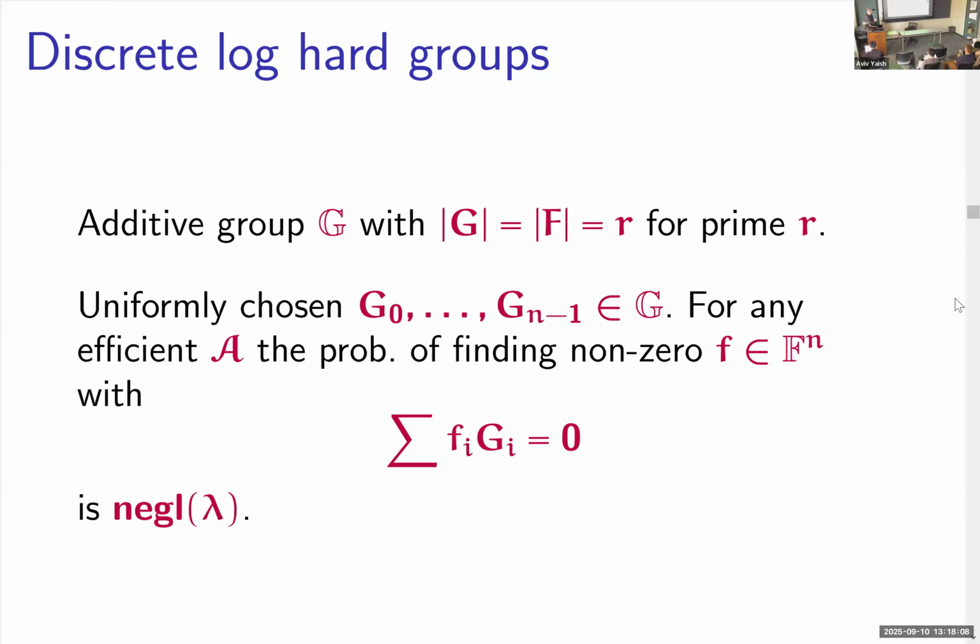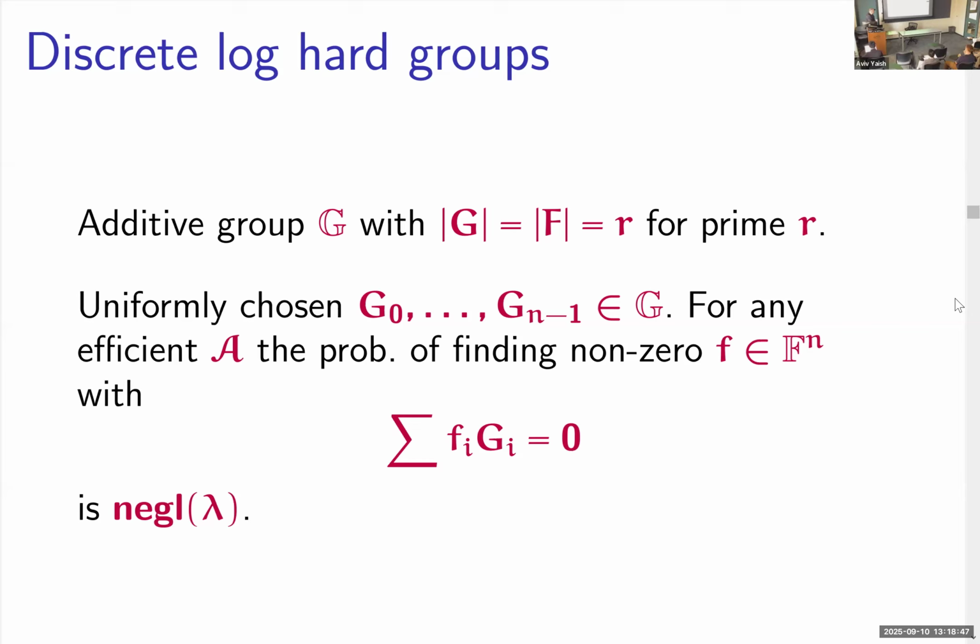And what we mean by a hard discrete log group is, the way that's convenient to think about it, that if someone chooses n uniform elements of the group and gives them to some efficient adversary, then the probability of A finding a non-zero F such that the corresponding combination of these group elements is zero is negligible.